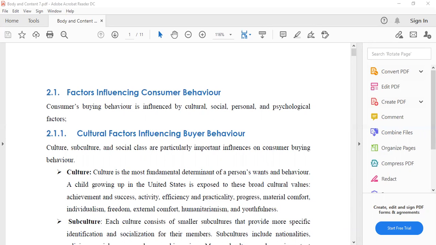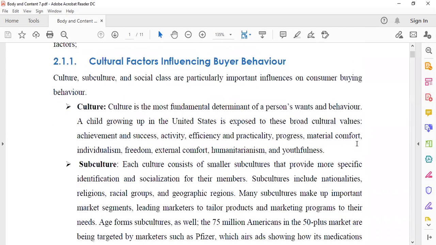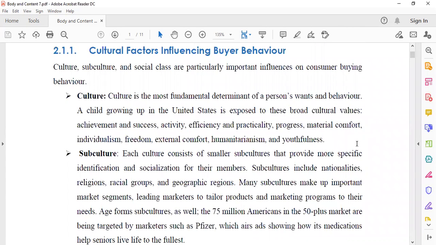Cultures are different, and there are different expectations people place on persons from a particular culture. It is said to be a fundamental part of behavioral determinants, because every individual grows up within a particular culture, and each culture has what we call the cultural norms and values.